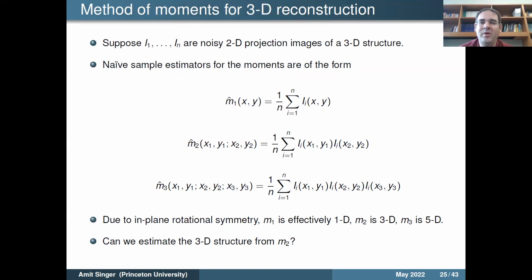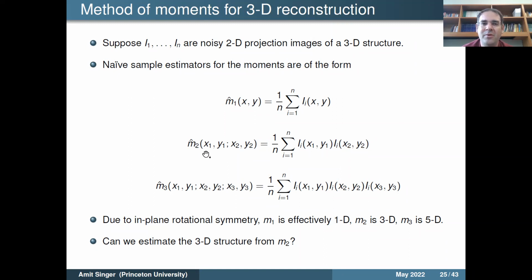Now let's switch to the method of moments for 3D reconstruction in cryo-EM. I'm going to mimic that. Let's say that we have our n noisy 2D projection images of the 3D structure. The first moment will just be the sample average of those noisy images. The second order moment will be, I'm taking an image and multiplying it with itself at 2 different pixels.